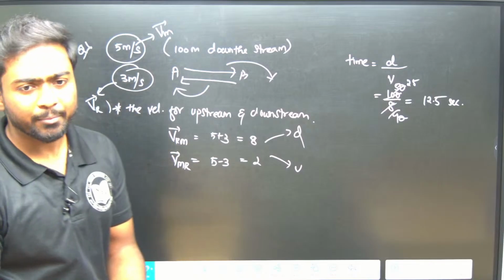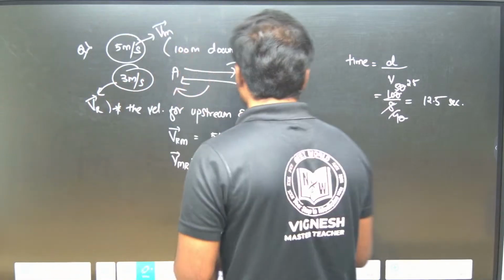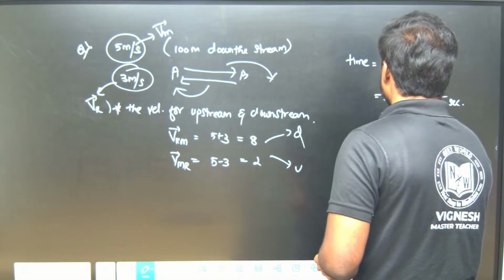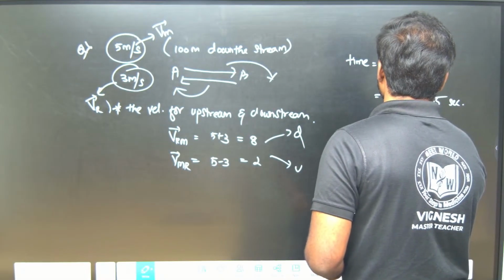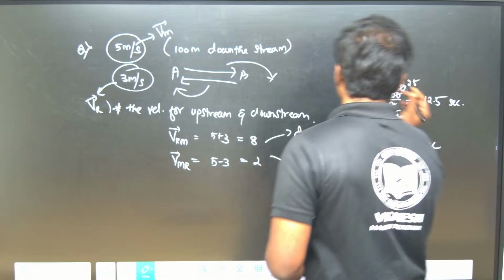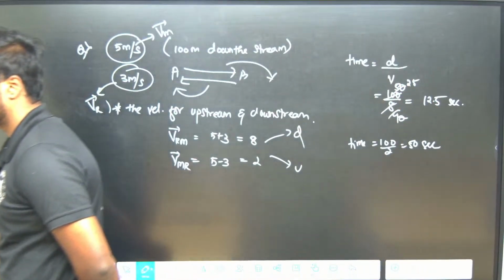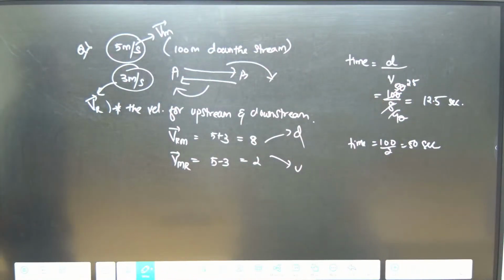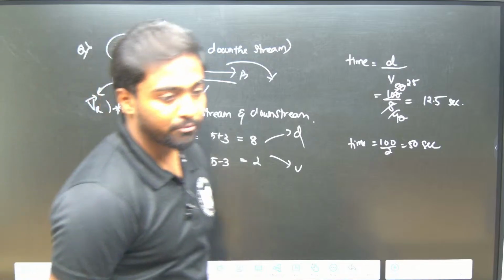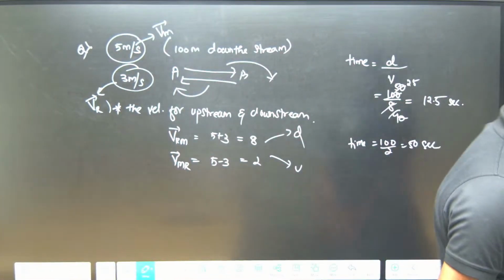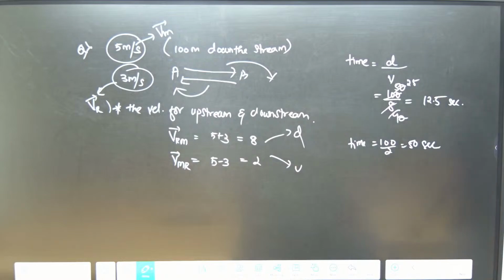Obviously it will take more time. So time is equal to 100 by 2, which is nothing but 50 seconds. Got it? 50 seconds. So this is the answer for the given question. Okay? You can take a note of this.